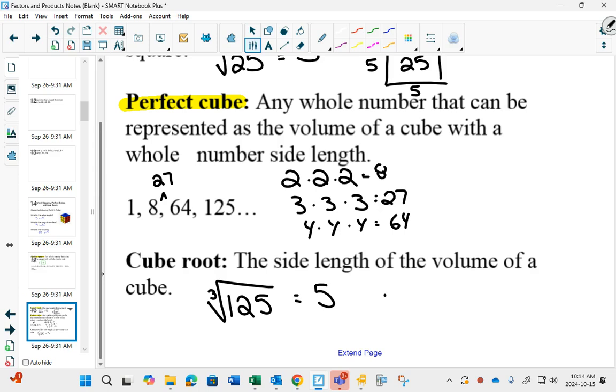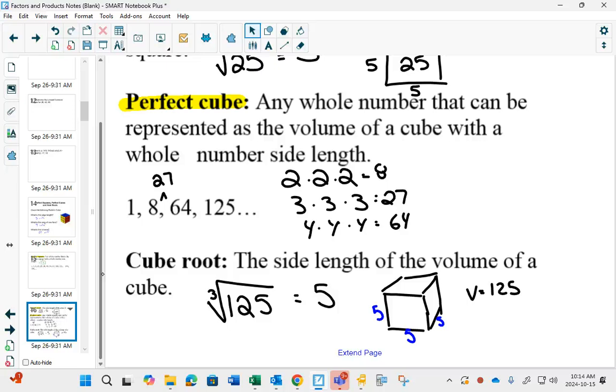That's saying if you knew that the volume of the cube was 125, the only way that would be possible is if all the sides were 5, because 5 times 5 times 5 is 125. And we write the cube root like a square root, but with a tiny little 3.